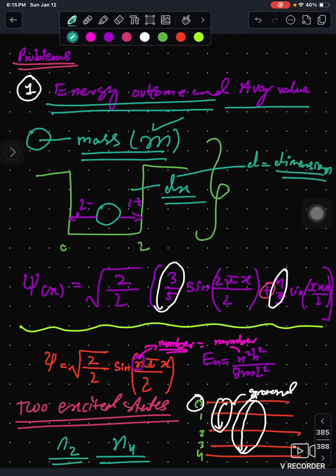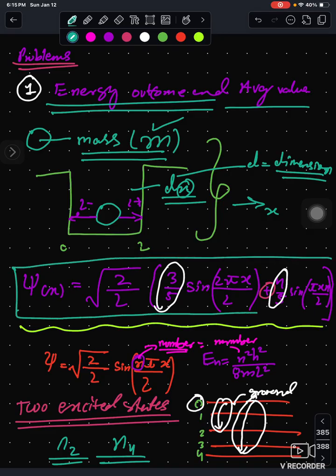Then the x-axis is this one. This is a wave function of the particle, the superposition state it is moving in, and this is changing.